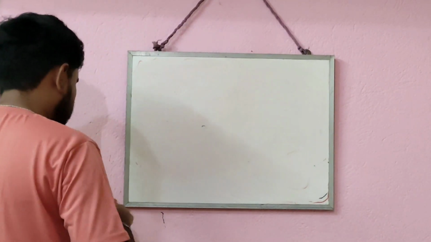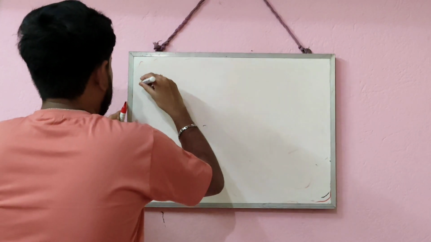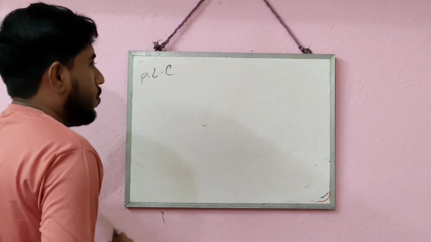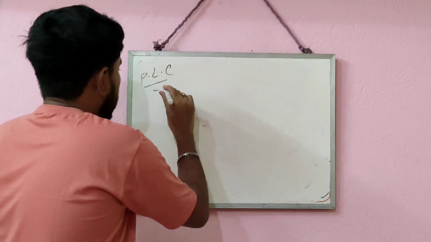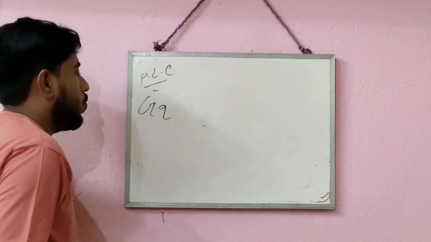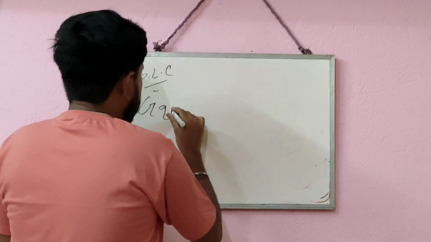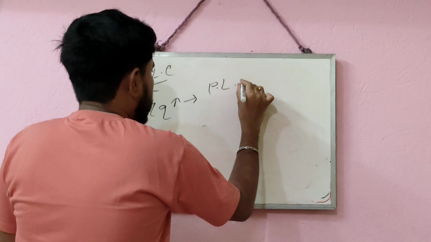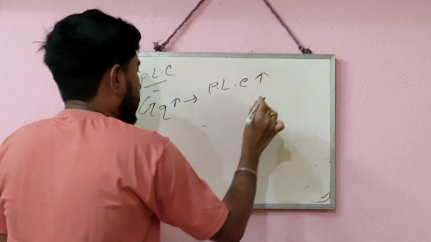The next pathway is the phospholipase C pathway. What will that pathway do? In the phospholipase C pathway, the pathway is activated by Gq protein. When Gq protein is activated, it leads to activation of the phospholipase C enzyme.